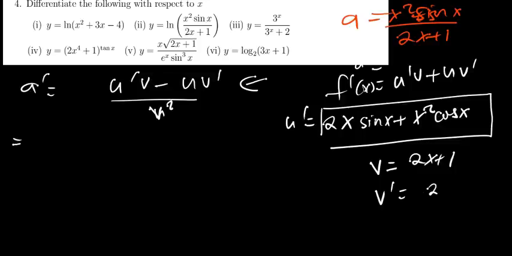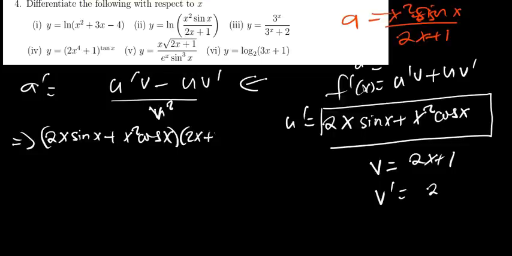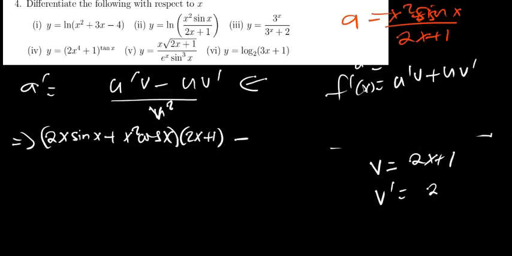So following this formula, u prime is 2x sine x plus x squared cos x. Then I multiply it by the original v, which is 2x plus 1, minus u, which is the top part, x squared sine x, then my v prime is 2.